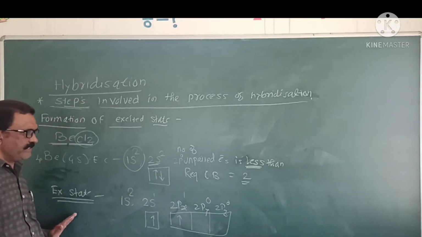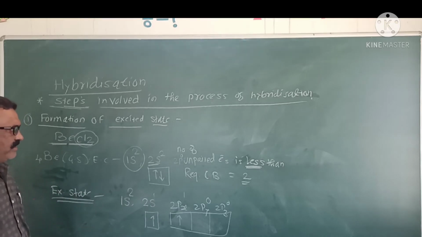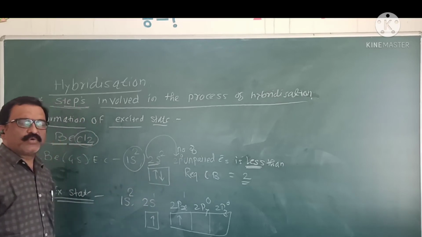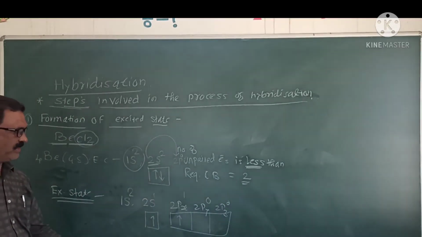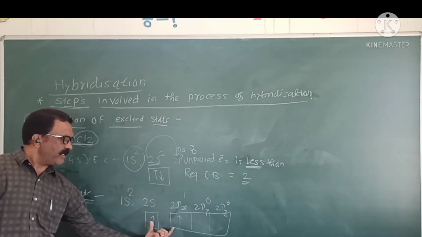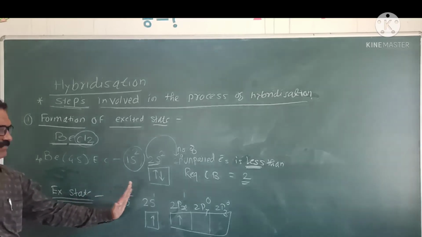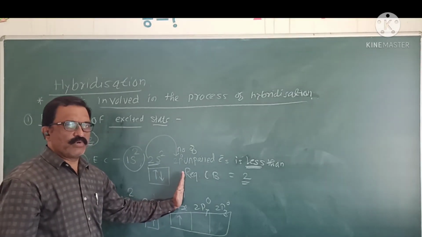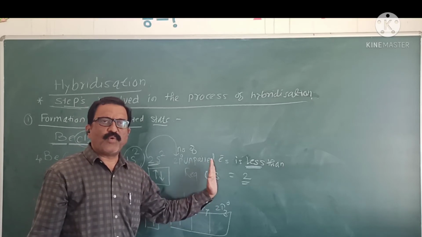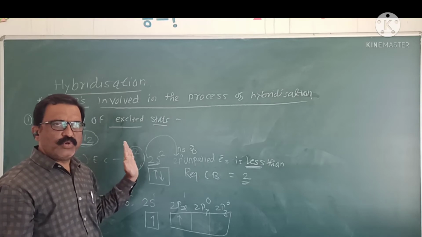This is known as the excited state electronic configuration. After excitation, the number of unpaired electrons in beryllium becomes 2, equal to the number of covalent bonds required in BeCl2.